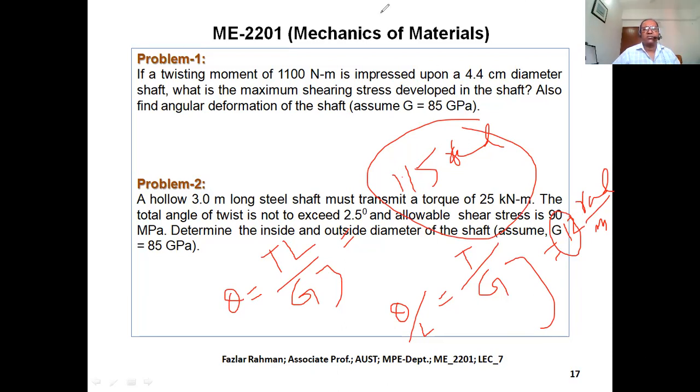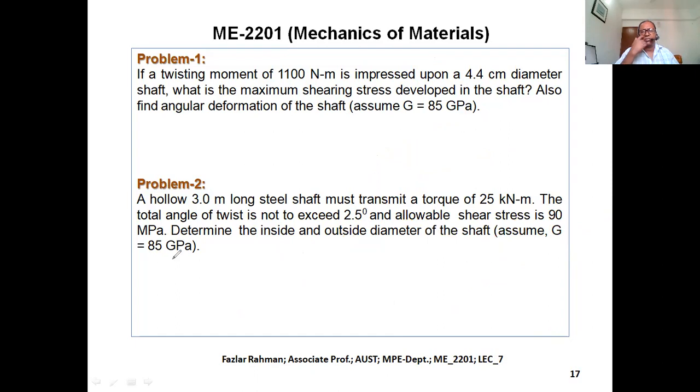Very easy. After we solve problems 2 and 3, it will be easier for you. Problem 2: it's saying a hollow steel shaft, that means inside is nothing, right? So it will be a hollow shaft, this kind of shaft.